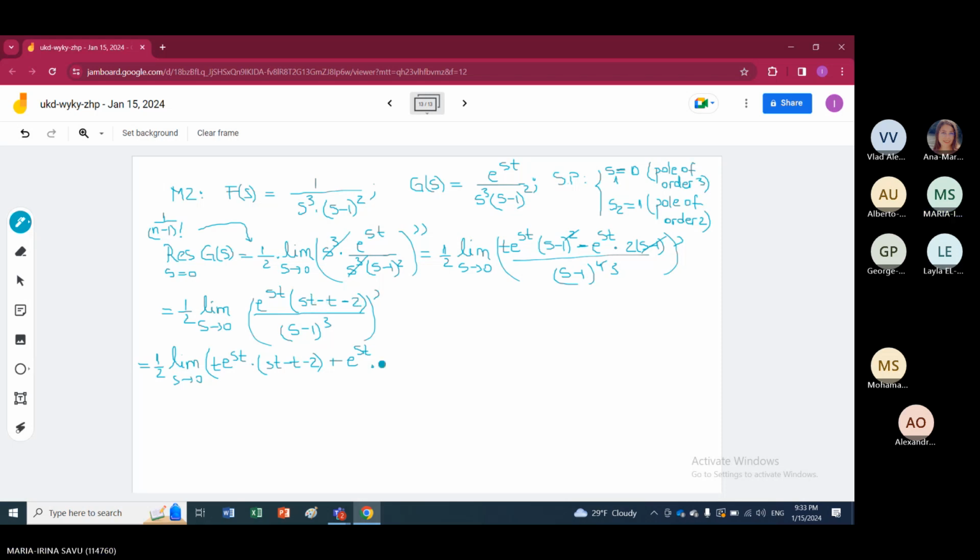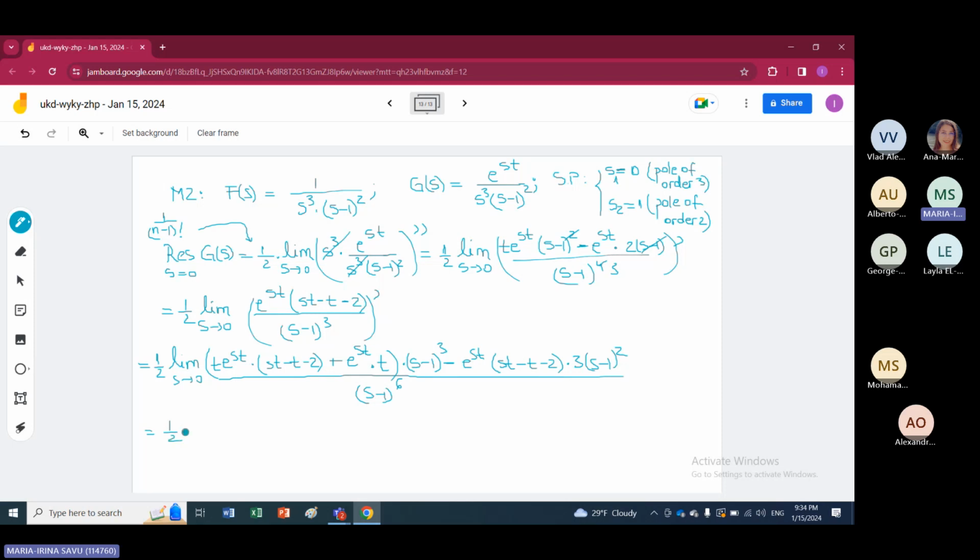And now the derivative of this expression, we have to multiply it by (s minus 1) cubed. Then we have to subtract this initial function times the derivative of this one, over (s minus 1) to the power 6.